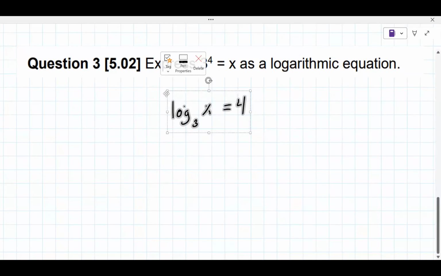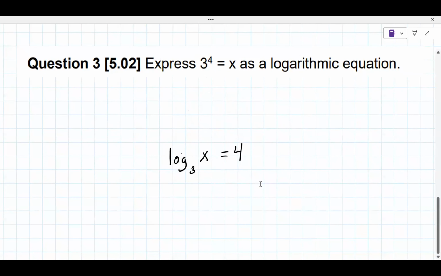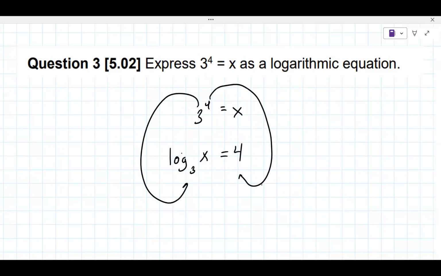So let me just rewrite what's there, and you can see where everything is mapped. So it's kind of like you're putting the log there and switching the 4 and the x.